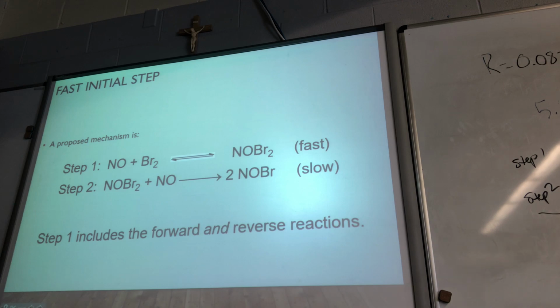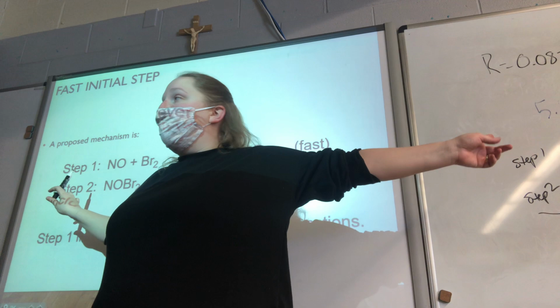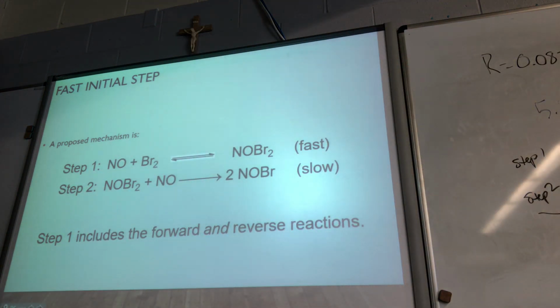If there was a 2 out front here, what would happen in our rate? It would be squared, right? So we would put this if there was a 2. All right, so that's the first one. What else is present in step 2? The concentration of NO. So this is the rate law, if you will, that we would predict for the second step.